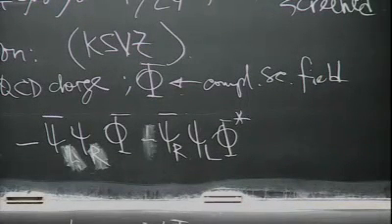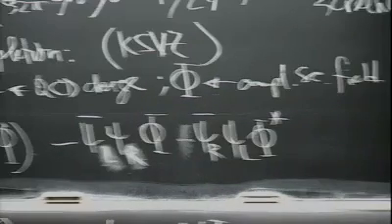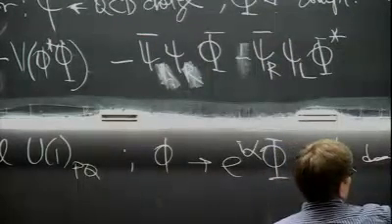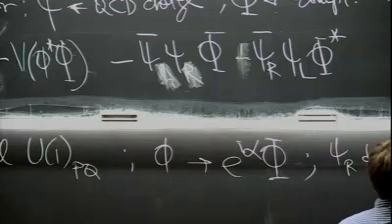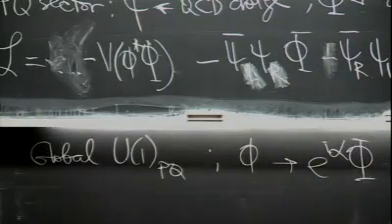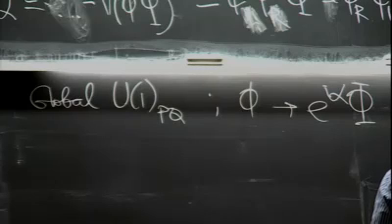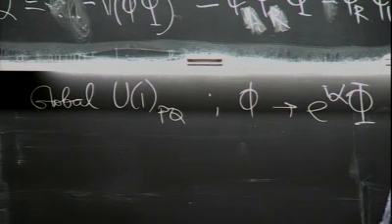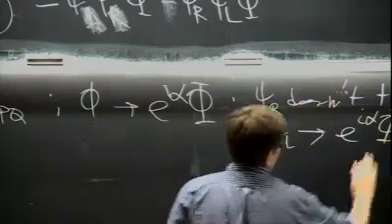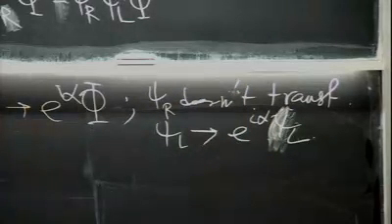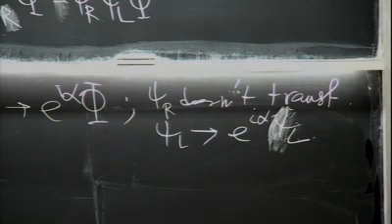And then let's say that psi R doesn't transform, and psi L goes to e to the i alpha times psi L, and that is the global symmetry of this Lagrangian, as you can see.